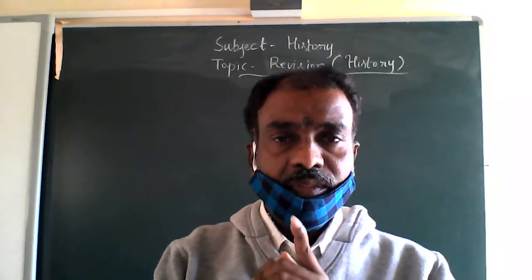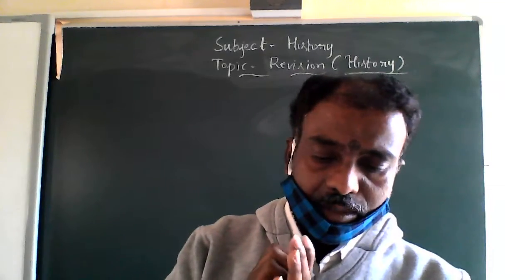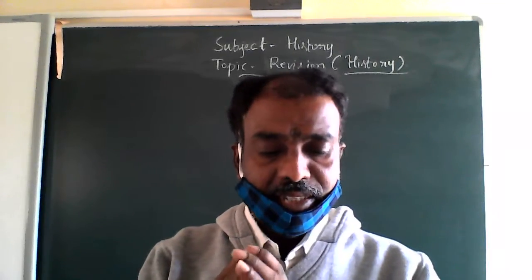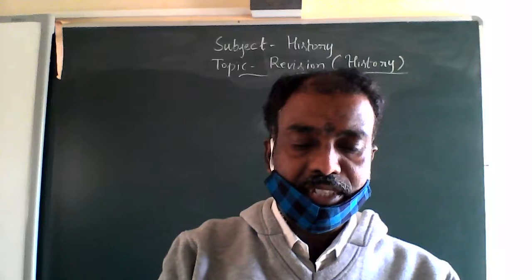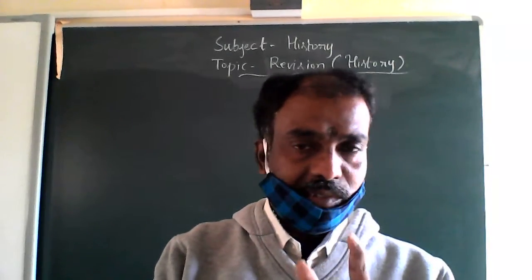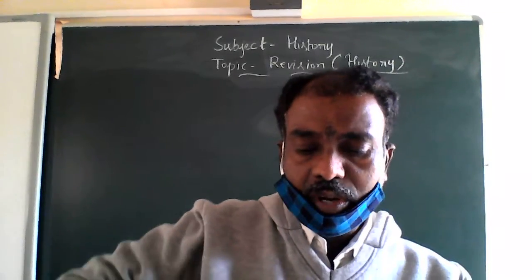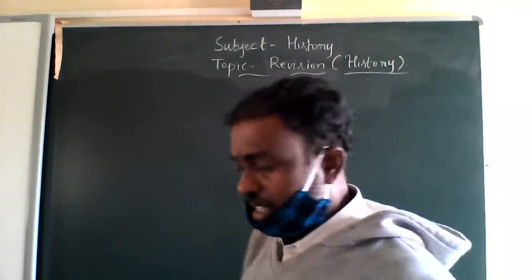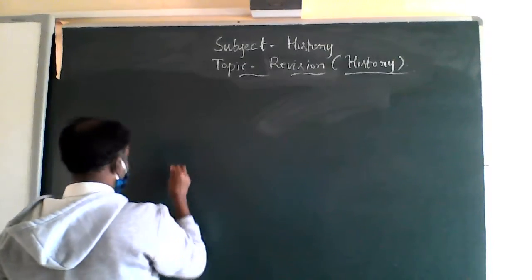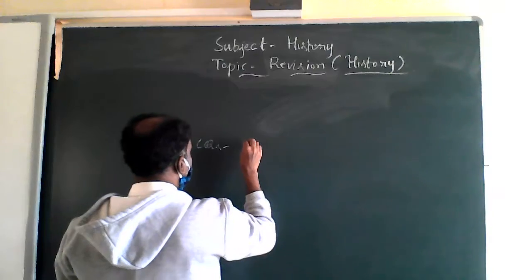Dear students, for you there is a 50 marks paper. This 50 marks paper consists of a variety of questions. Especially, there are objective types also. There are 10 objective type questions, that means MCQs.